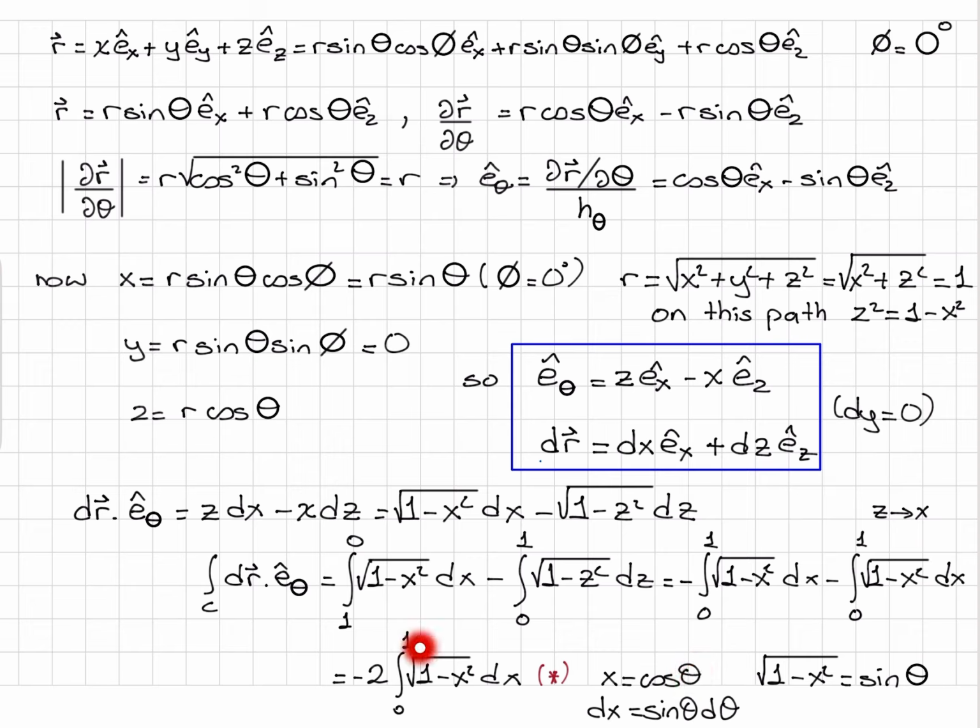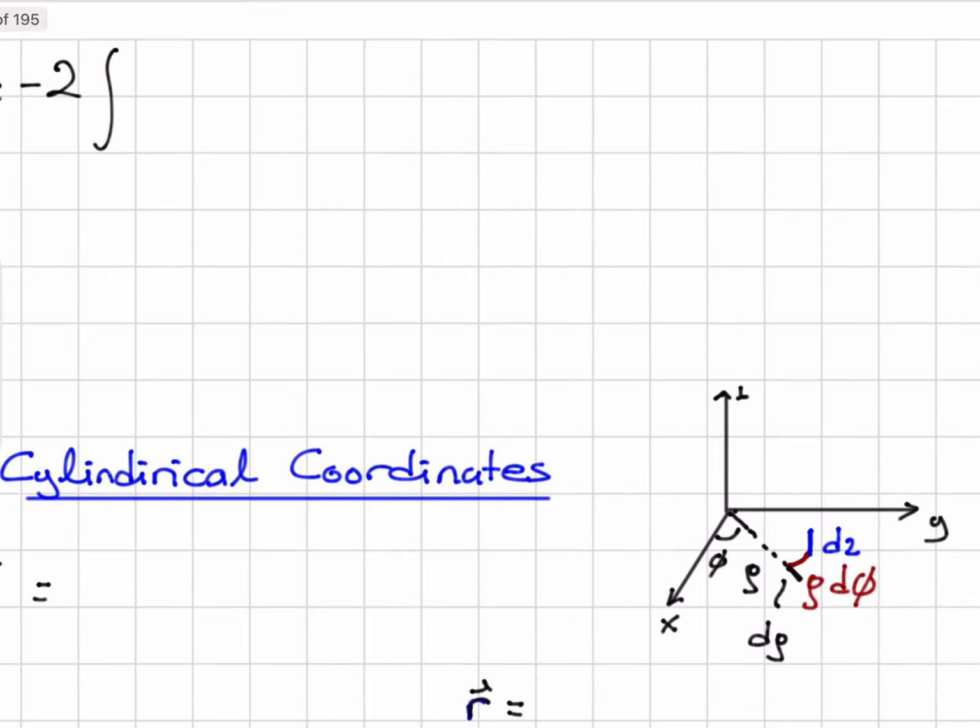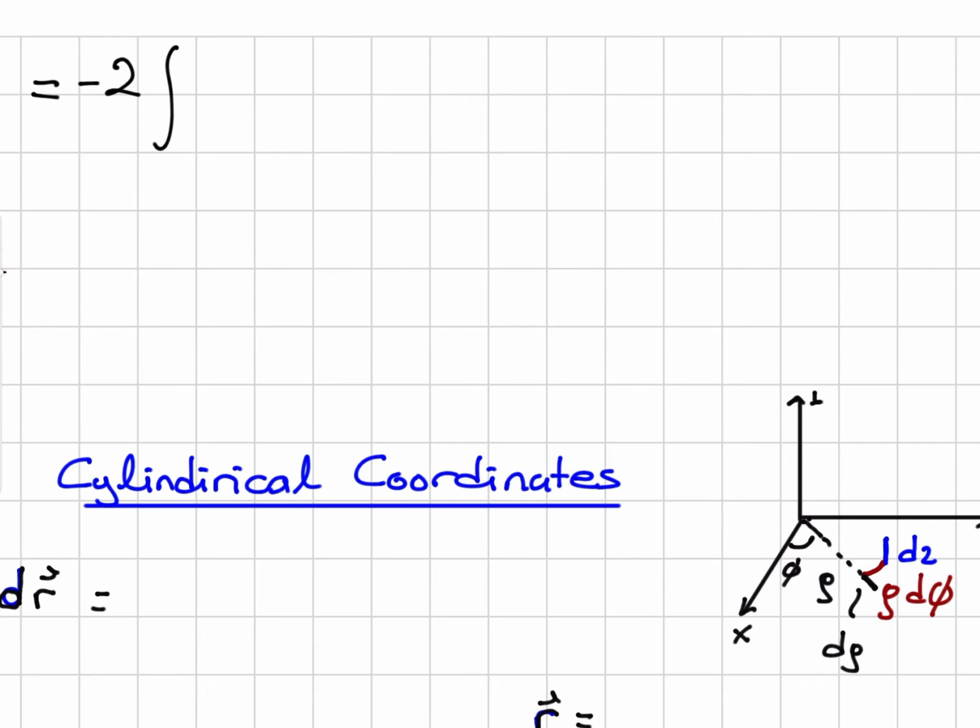If x is equal to 1, that means theta is equal to 0. So this integral is from pi over 2 to 0. And square root of 1 minus x squared is sine theta, dx is sine theta d theta. So I have sine squared theta d theta.